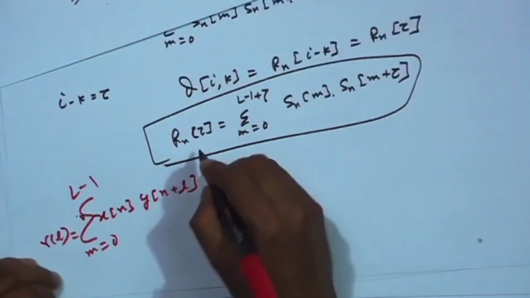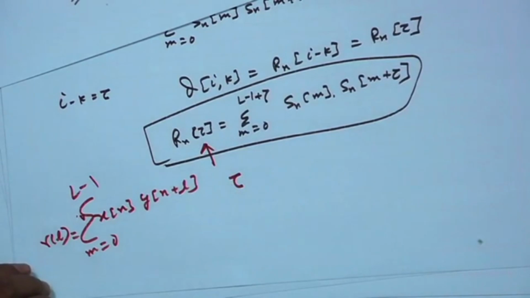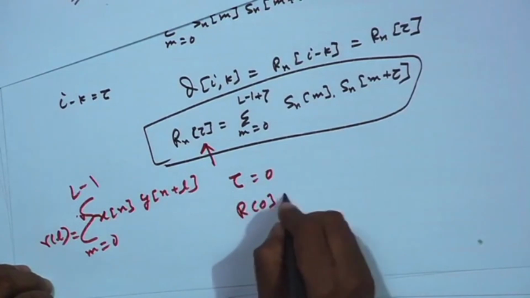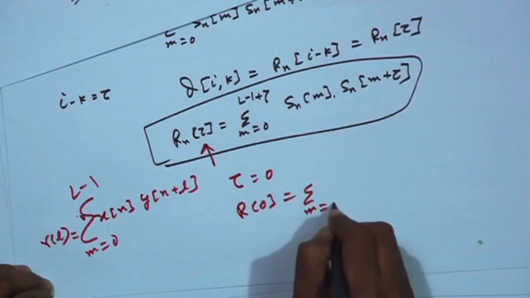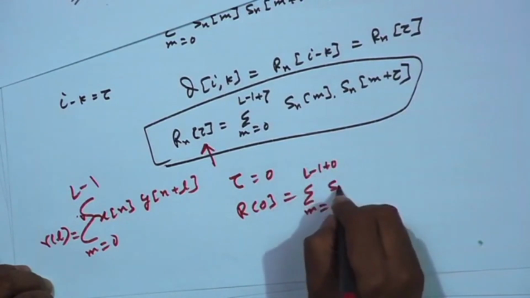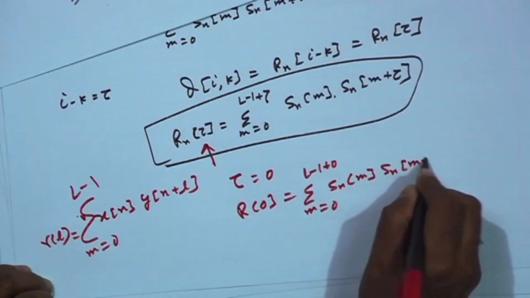So, I can say this is the correlation of tau. If tau is equal to 0, then R(0) is equal to the sum from m equal to 0 to L minus 1 of s(n) s(m + tau).